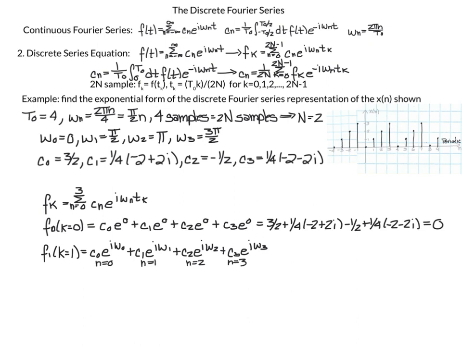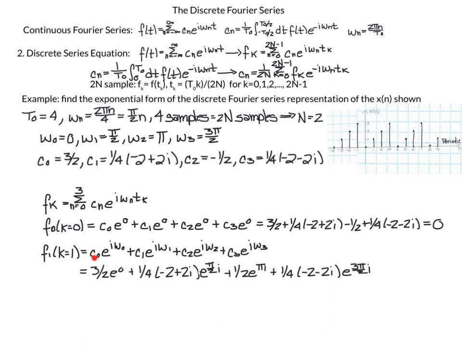So when n is equal to 0, I have c0 e to the i omega 0, and then t sub 1 is just equal to 1, plus, n equals 1, c1 e to the i omega 1, and again t1 is just equal to 1, plus now n equals 2, c2 e to the i omega 2, again t1 is just equal to 1, plus for n equals 3, c3 e to the i omega 3, and tk is just equal to 1.